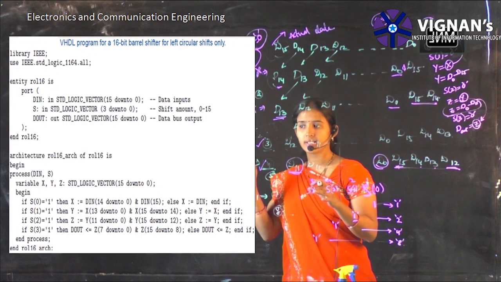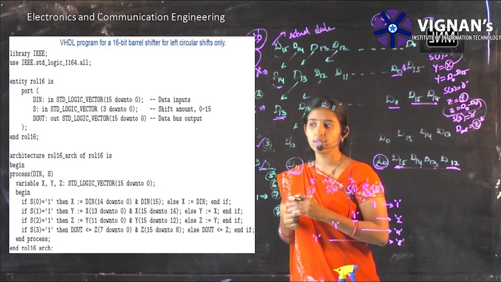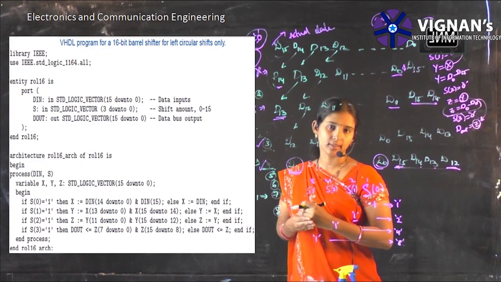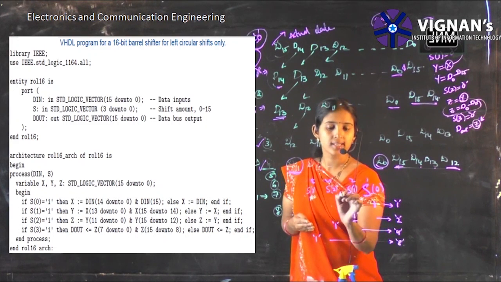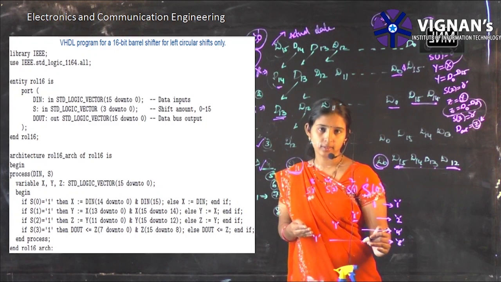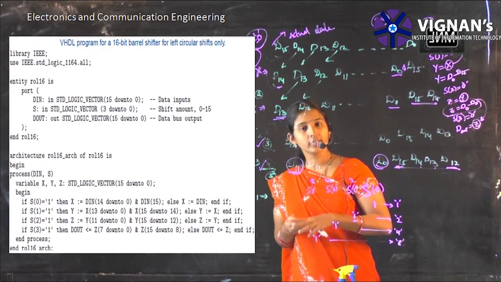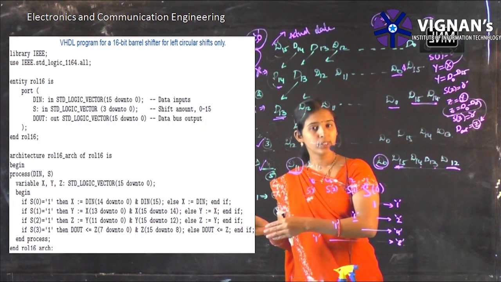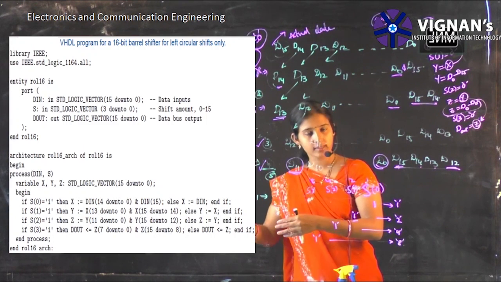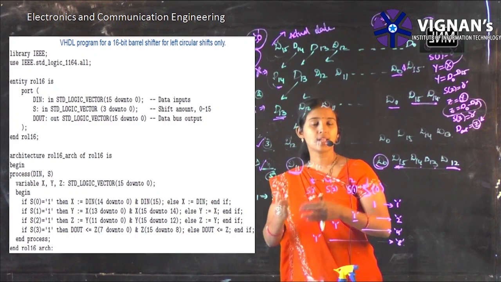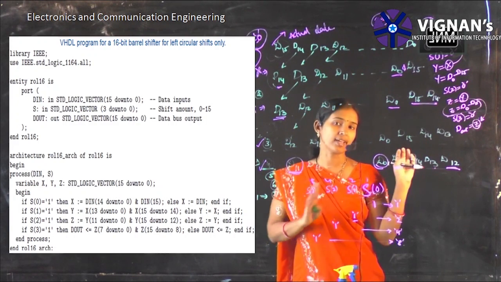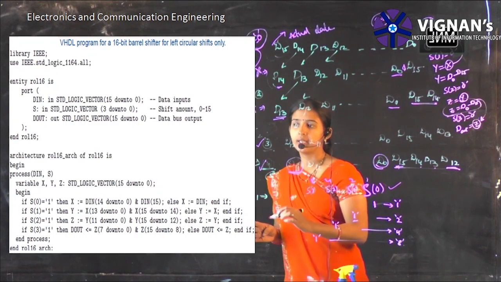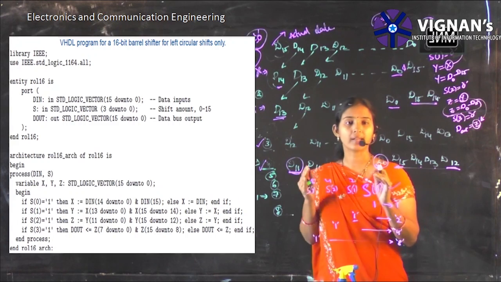In the entity declaration, S tells you how many shifts have to occur. If the selection line is 0, that indicates no shift in the data. Whatever data is available at X will be transferred to Y and then to Z, and given to your Y output. So it depends upon your selection line. That is all about a barrel shifter.